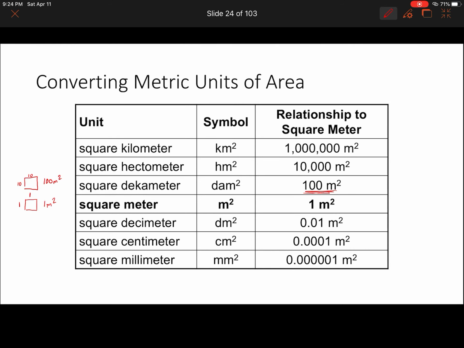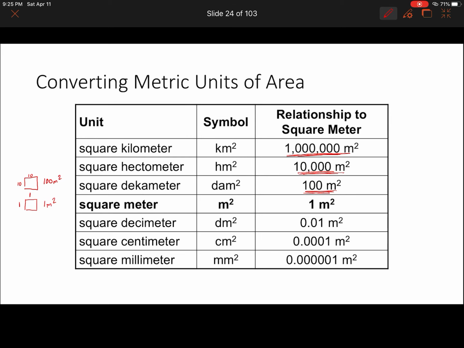And if each side were 100, then you would have 10,000 meters squared. And if each side were 1,000, you would have 1,000,000 meters squared, which gets us to the kilometer. Same thing going backwards the other direction.